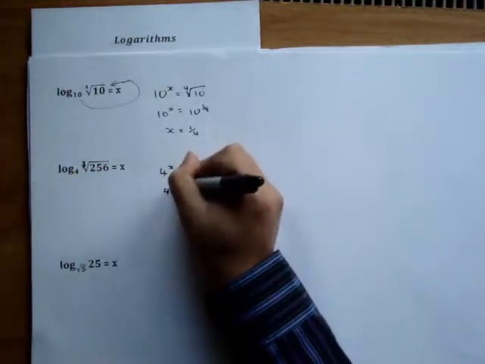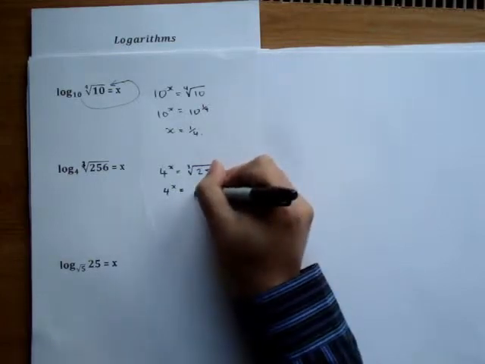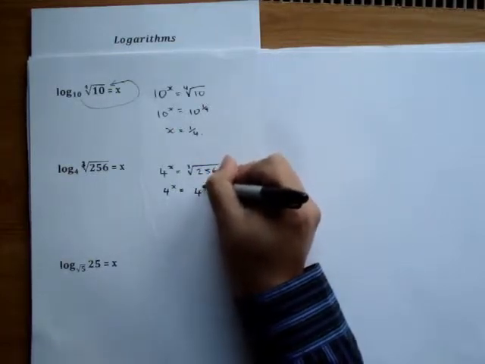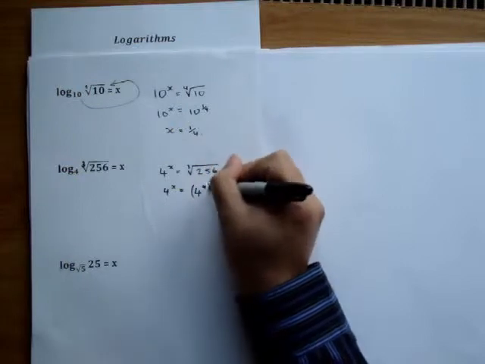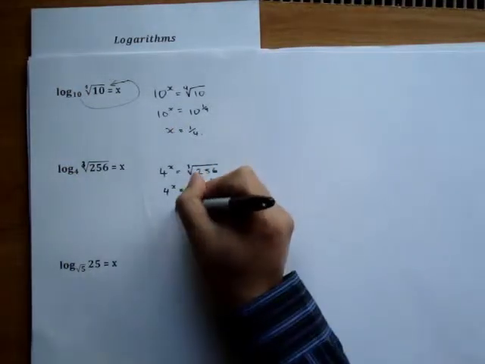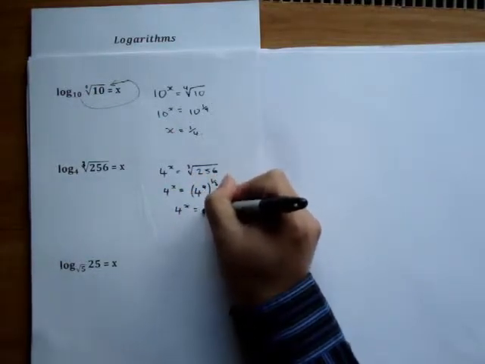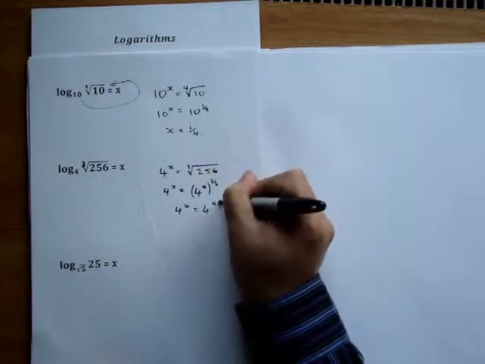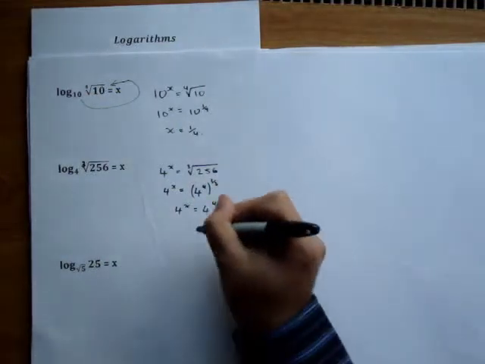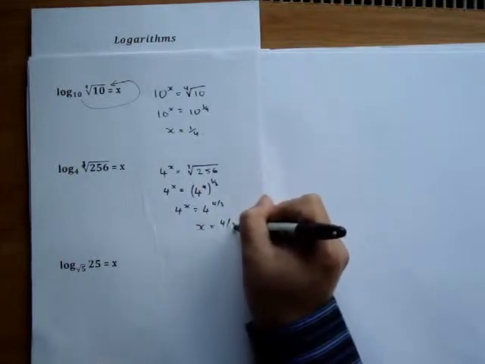So 4 to the x equals, 256 is 4 to the power 4, and this is 1/3. So 4 to the x equals 4 to the 4/3. We've got the bases the same, so x equals 4/3.